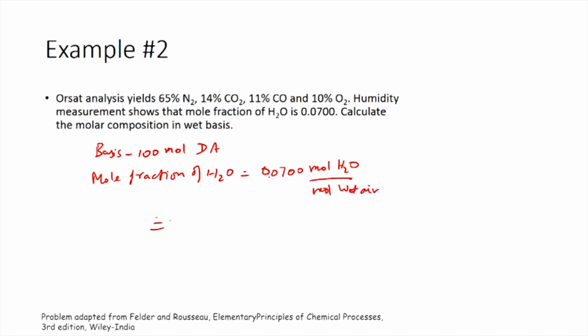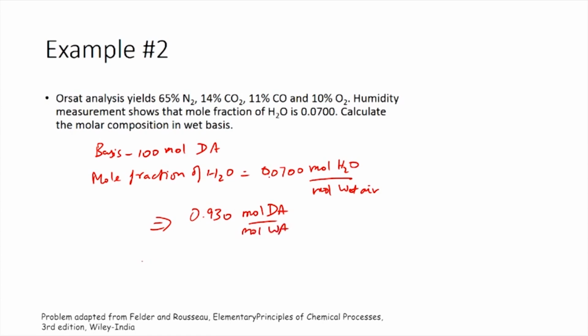So, this can be converted to moles of water per moles of dry air, because only then we will be able to use the values for the basis easily. So, we have the information for amount of water, which means the fraction of the other components in the wet air would be 0.930 moles of dry air per mole of wet air.